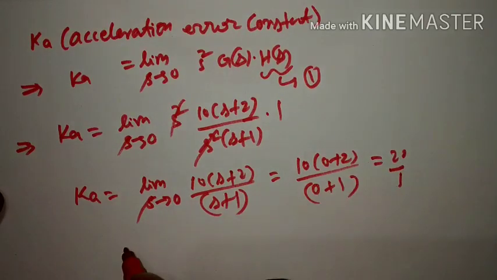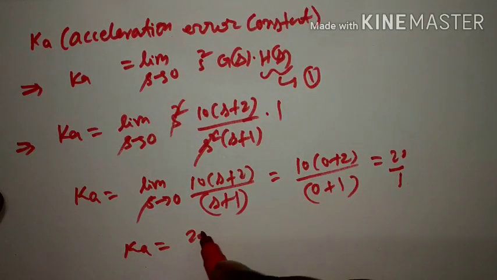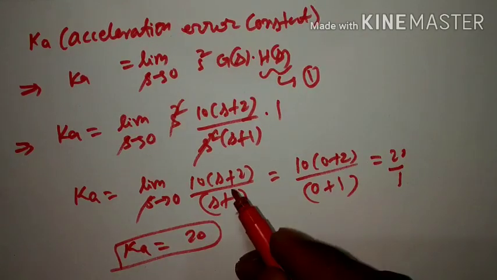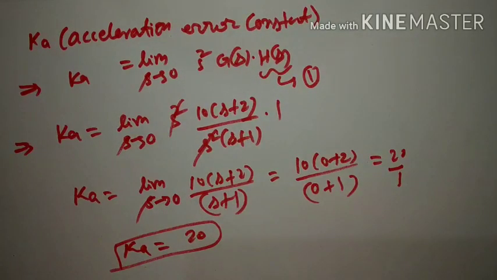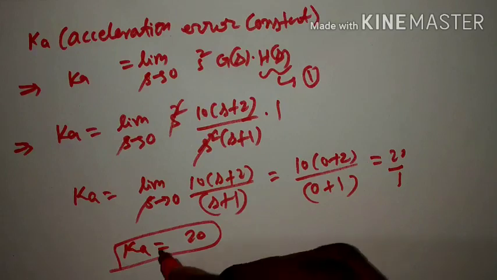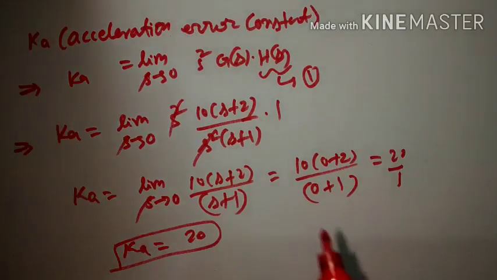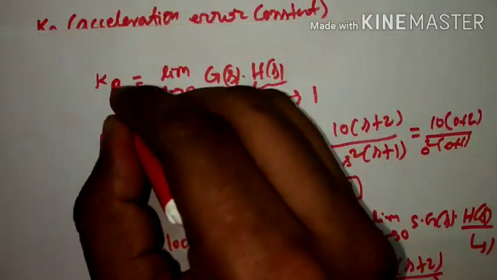So Ka is equal to 20. So we have found all the static error constants. Kp value becomes infinity, Kv value becomes infinity, and Ka, the acceleration error constant, is 20.